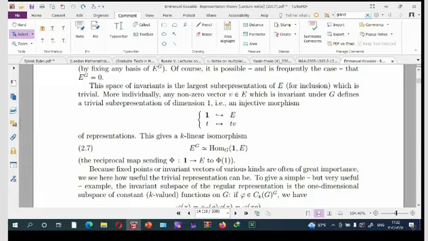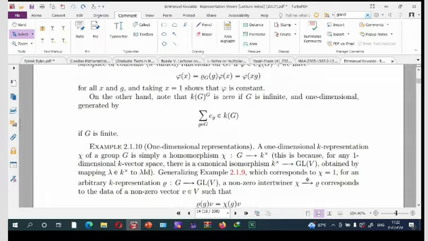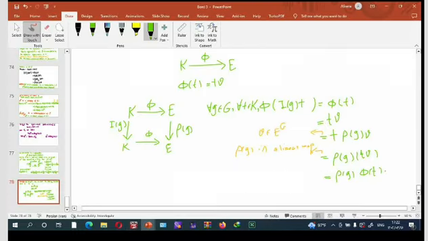because if, please note that if phi, for example, belong to this homomorphism, then for any t in K, and for any g in G, we must have this equality.